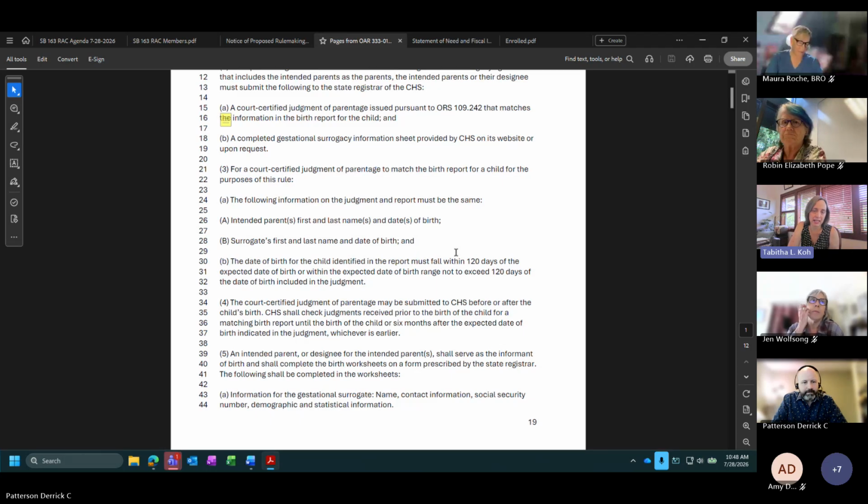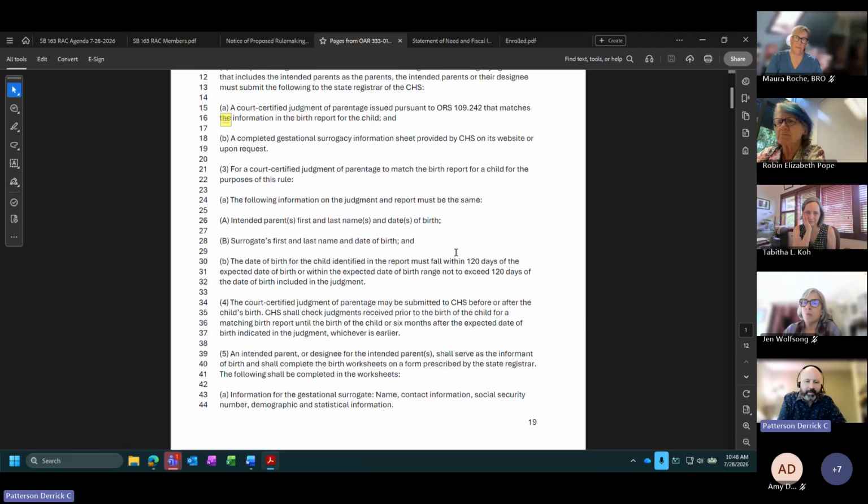I would personally think it's sufficient to have a conformed judgment rather than requiring that the certified one be available in order for the court to register the birth. I'm just thinking of some emergency situations we see happen.